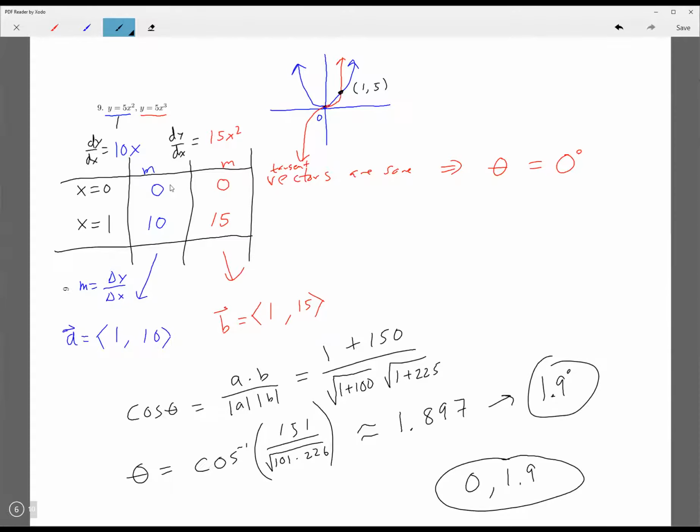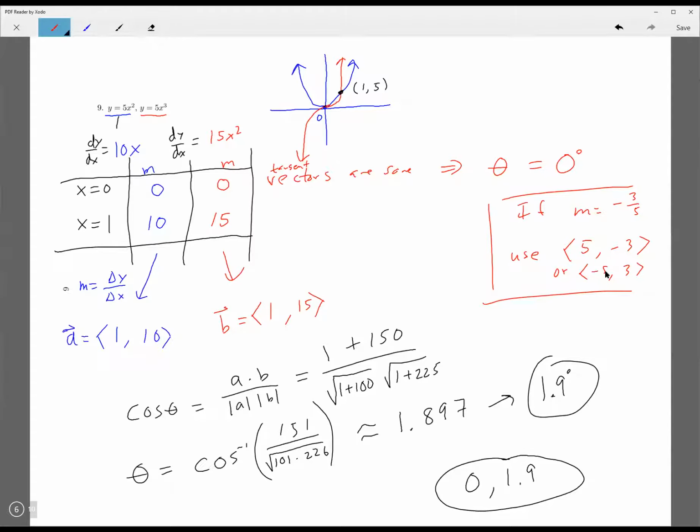If your slope were, let's say, -3 over 5, then you could just use 5, -3 as the vector, or -5, 3.